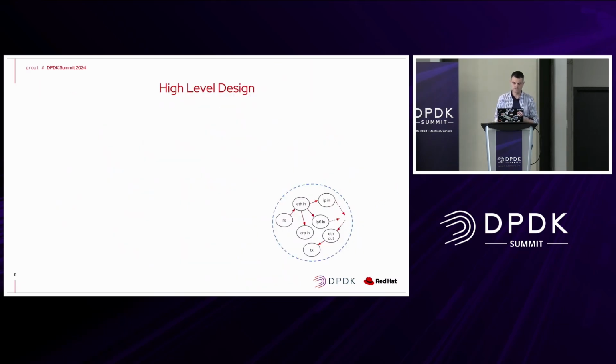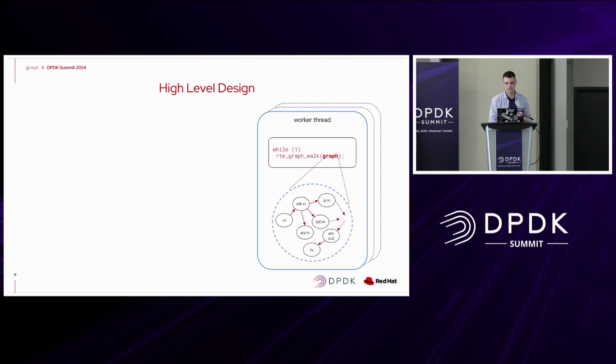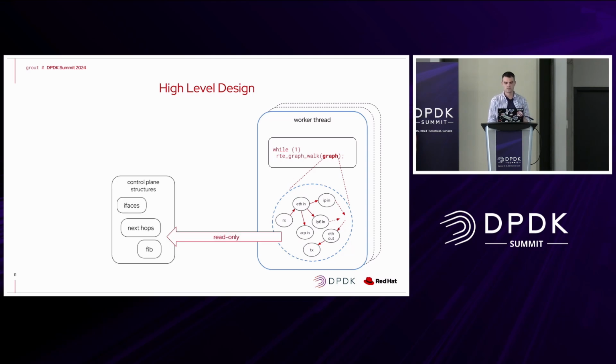So now we have a graph, and we need to have something that will walk the graph in order to process packets. So we have worker threads. You may have one or multiple ones, depending on your configuration. And each thread will need to access non-packet information, like routing tables, the logical interfaces, all these things.